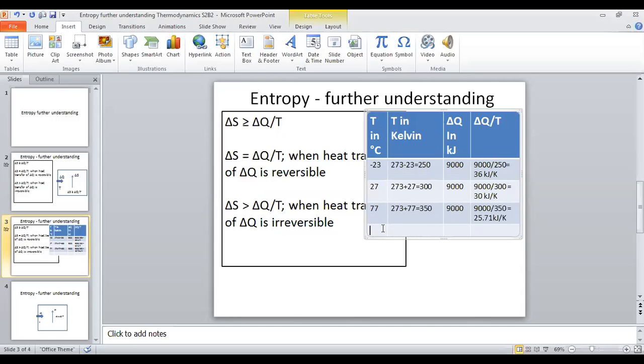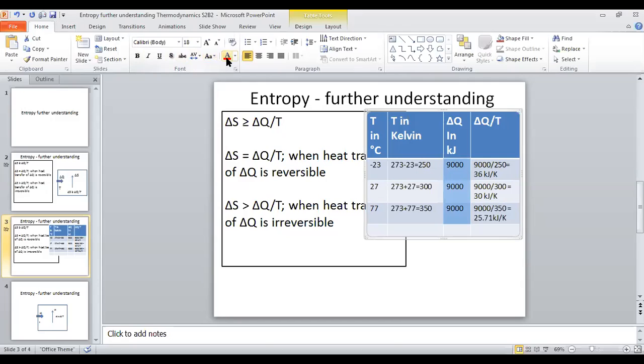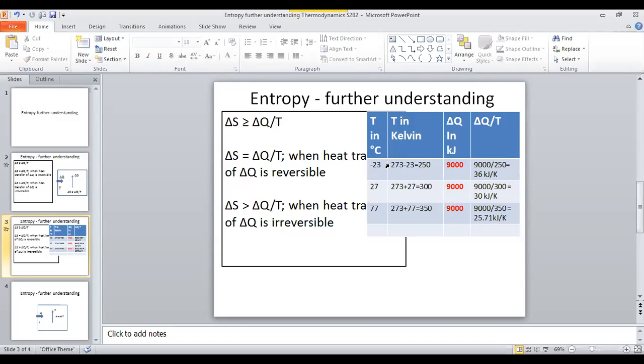Now see, same delta Q value but different temperatures.